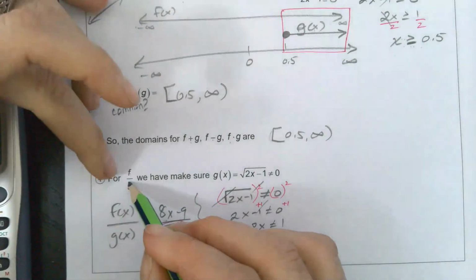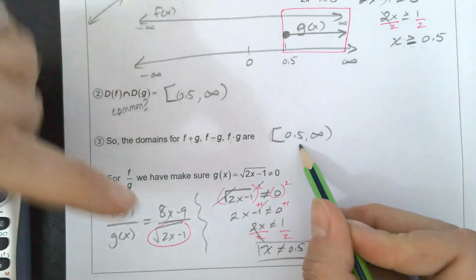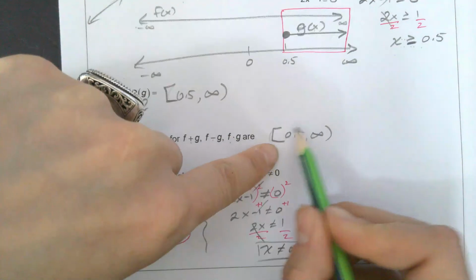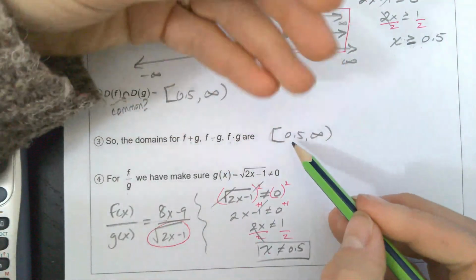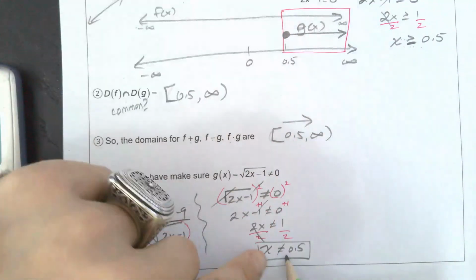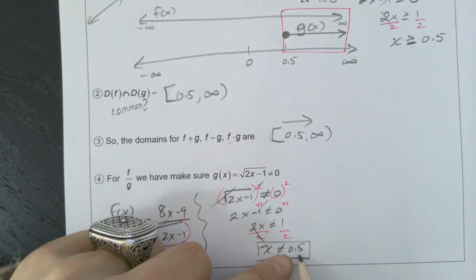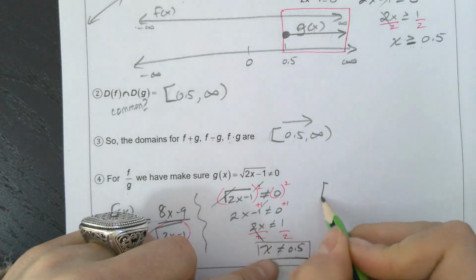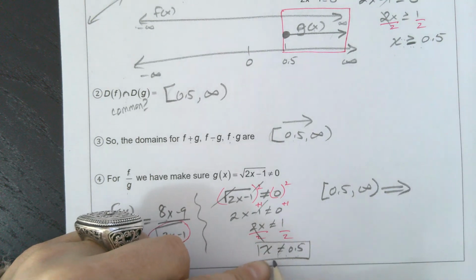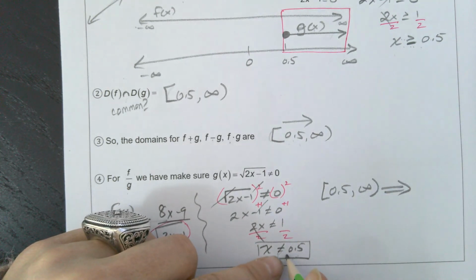So when I divide, this is my domain. But I have to add this to it. This says my domain can be equal to 0.5 up to infinity. But this says, ooh, take out x equals 0.5. So it was going to be this, but now I have to rewrite it and take out the 0.5, because it says it cannot be equal to 0.5.